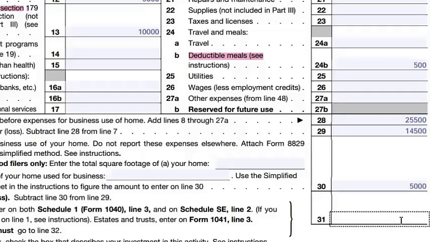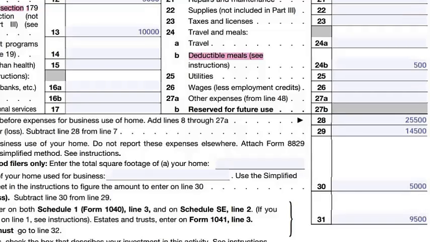Expenses for business use of home, again they declared 5,000. So after deducting the 5,000 expense, that is the total profit they showed to the government, and then they must have paid tax on that.